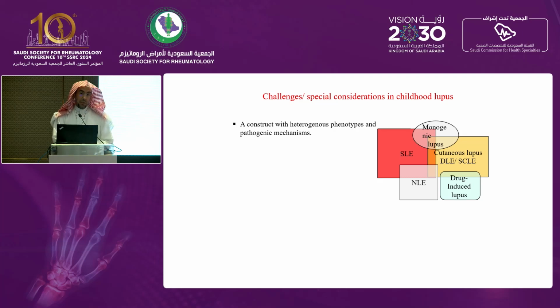Now, we have some problems with the definition. If we choose monogenic lupus, it is difficult to define the disease. As Dr. Najla showed, there are many pathways, and new ones keep coming, indicating the causes of monogenic lupus. So we have a poor definition for this entity, and these cases most of the time have blurred boundaries with inborn errors of immunity.